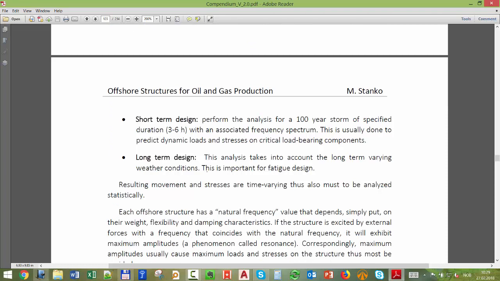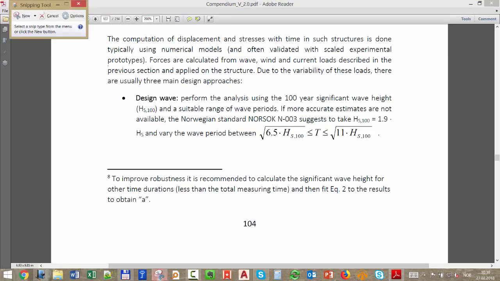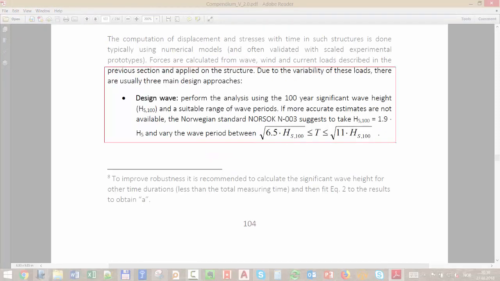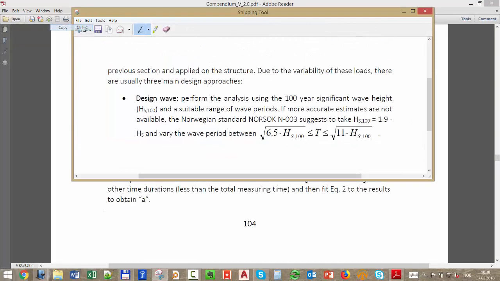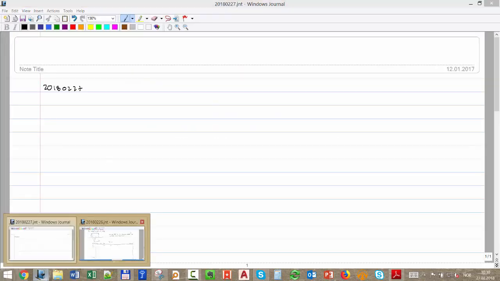And you also want to see what happens in the long term, which might be applicable for fatigue. These structures, a platform for example, will be maybe 10, 20, 30 years at sea, and then you might have some fatigue considerations on the structure. I'm not going to go too much into that, but I'm going to copy it so you have it in the notes and you remember.